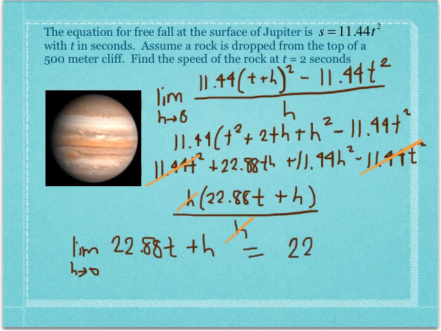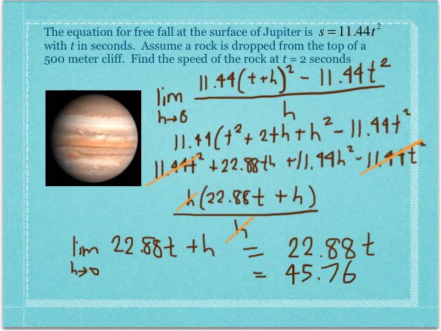And I get 22.88 t. And at 2 seconds is what the problem says, so all I have to do then is put 2 in place of t. And so 22.88 times 2 should be 45.76, and it looks like this would be meters per second.